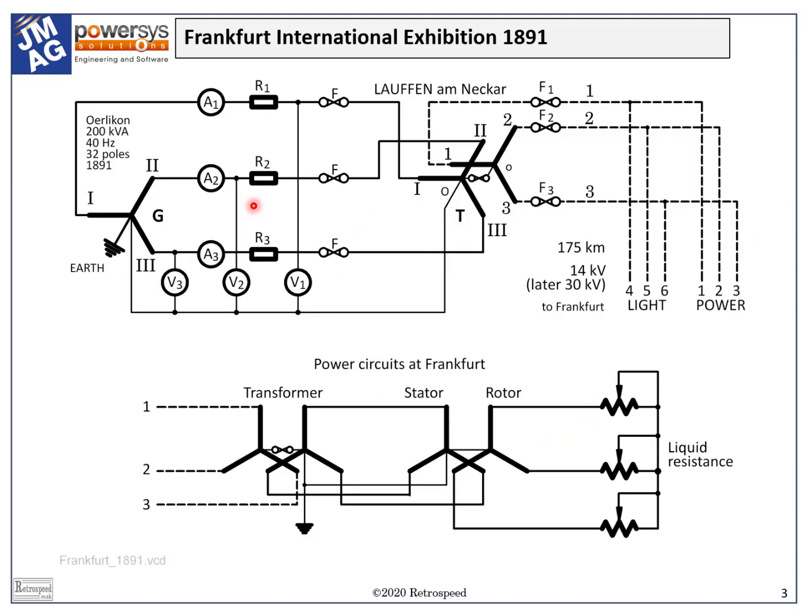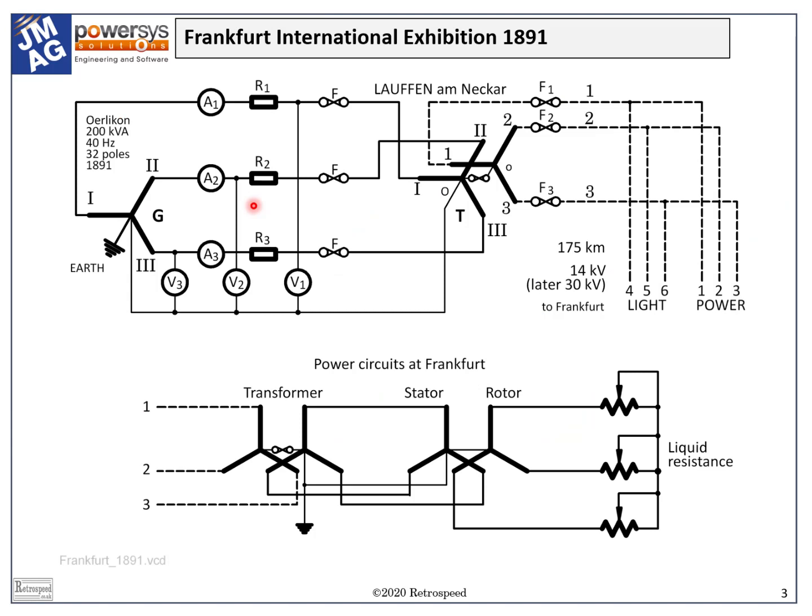The need for performance calculations has been clear from the beginnings of electrical engineering. Here is the scheme of the AC power transmission system installed at the International Electrotechnical Exhibition in Frankfurt, Germany in 1891.